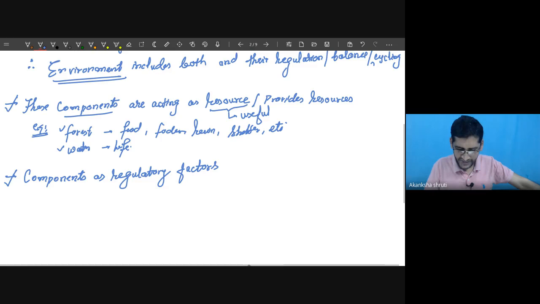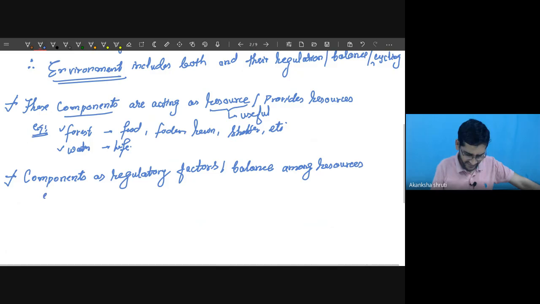So component as a regulatory factor. Regulatory factor means the balance among resources. Like the water gets recycled. That is an example that we have learned in our class 9th.